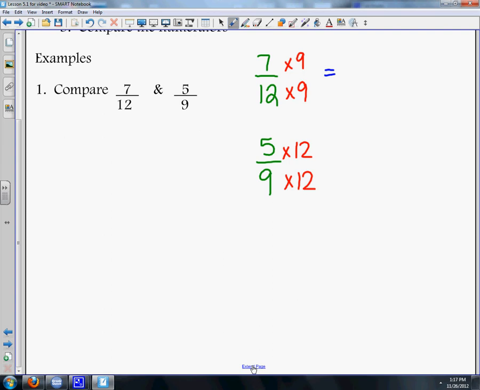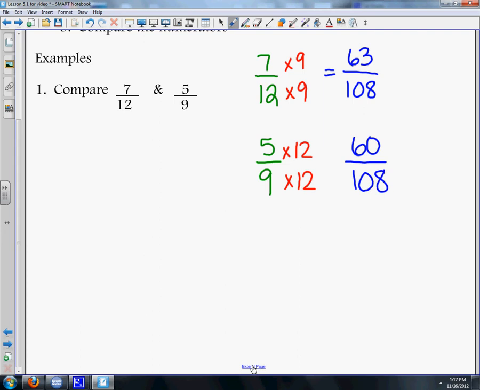So 7 times 9 is 63. And 9 times 12 is 108, right? 9 times 10 is 90, and 9 times 2 is 18. 90 plus 18 is 108. So 5 times 12 is 60, so it's 60. And then 9 times 12 is 90 plus 18, so 108.